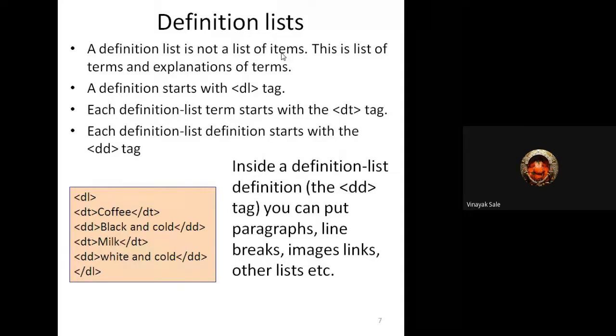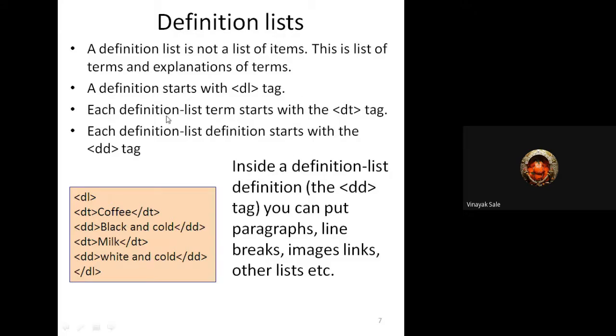Okay, we are defining here a list of terms and explanation of those terms. So any definition list starts with the DL tag. D for definition, L for list.